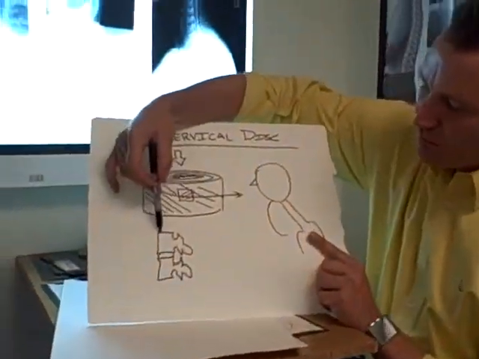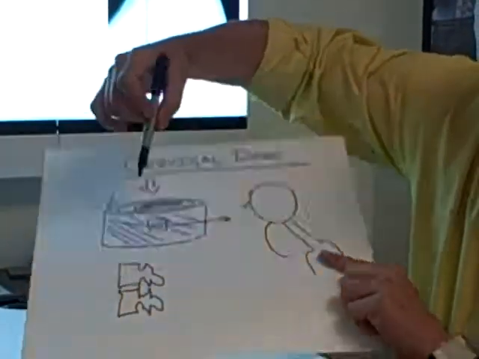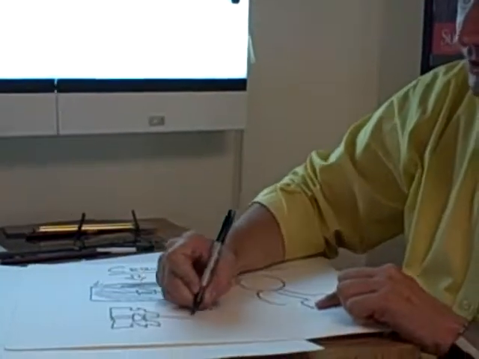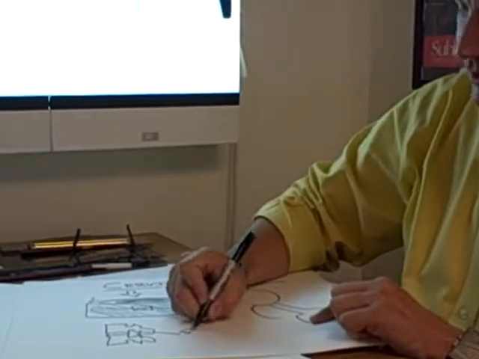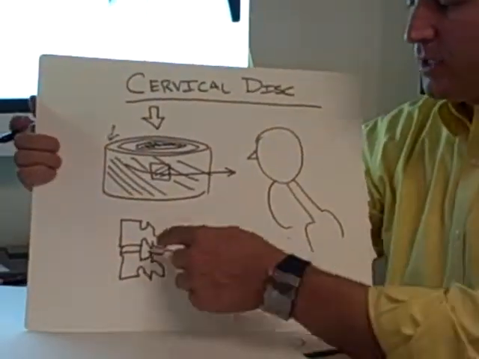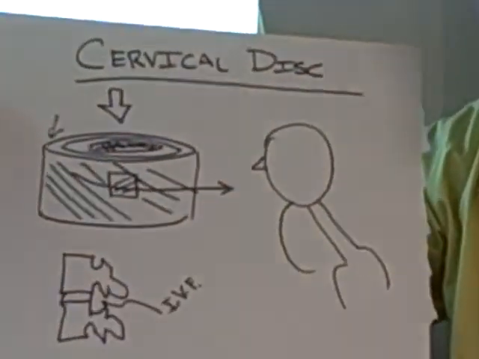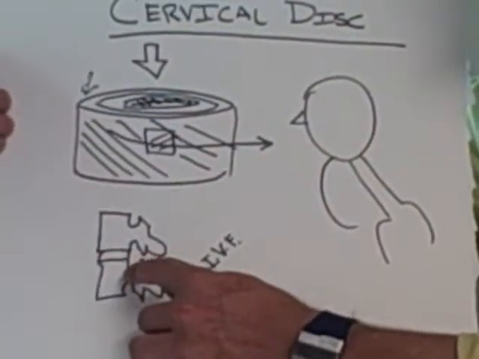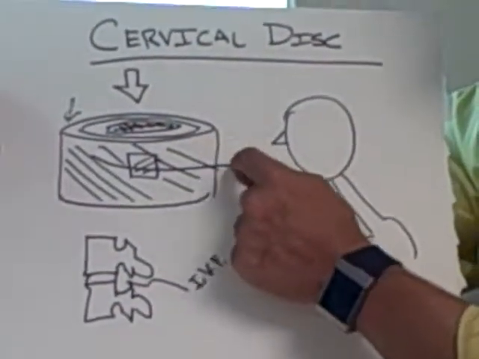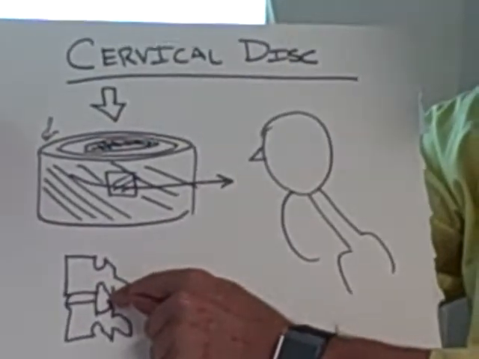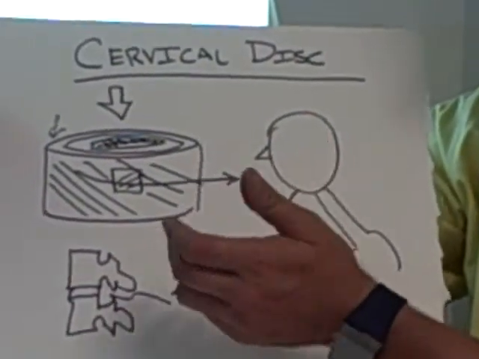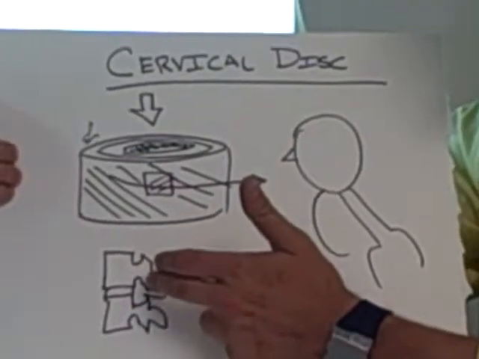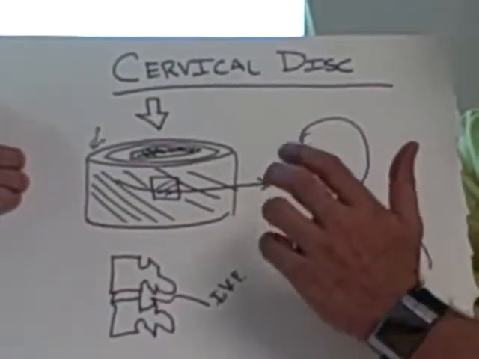But these would be the vertebra, this would be the disc, and this opening here is what we call the IVF, the intervertebral foramen, where the nerve pops out and comes out of the spinal column. So if this disc comes back here and pushes on this delicate nerve root that comes out from that side, there's no place for it to go. It's trapped literally between a rock, the vertebra, and a hard place, the disc.